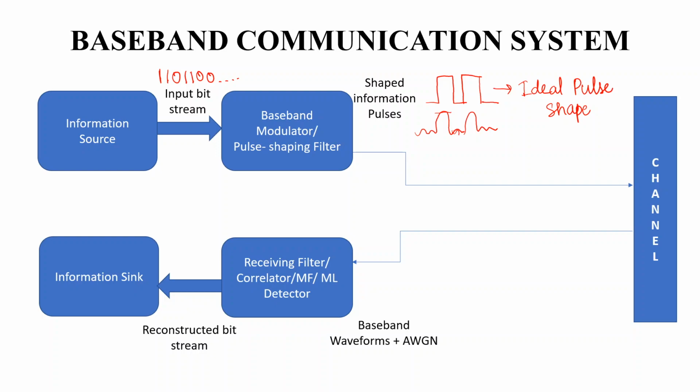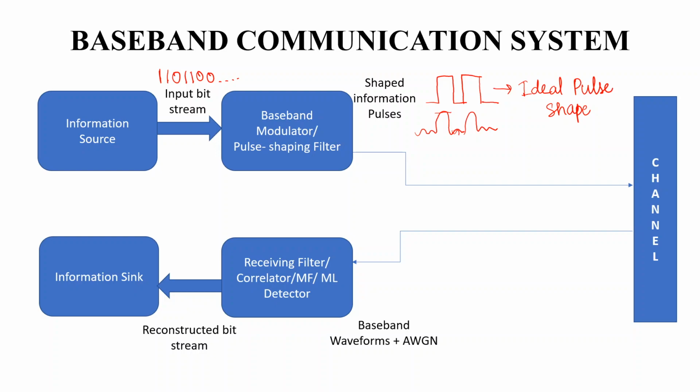So pulse shaping is an important mechanism to avoid one of the distortions called intersymbol interference, which normally occurs due to the delay incorporated by the channel itself. So pulse shaping definitely helps us in overcoming the ISI scenario. There are many different types of pulse shaping filters, starting from rectangular filter, raised cosine, root raised cosine.